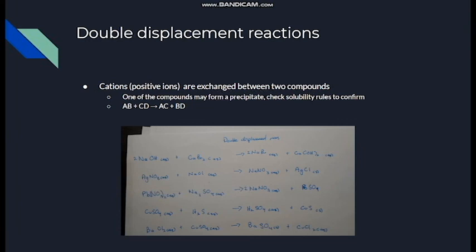This reaction is already balanced out, so we don't need to add any whole numbers. And take a look at the final reaction. Barium chloride plus copper 2 sulfate combine to form barium sulfate plus copper 2 chloride. Barium replaces copper in copper sulfate, copper replaces barium in barium chloride, and this reaction is already balanced out as well.